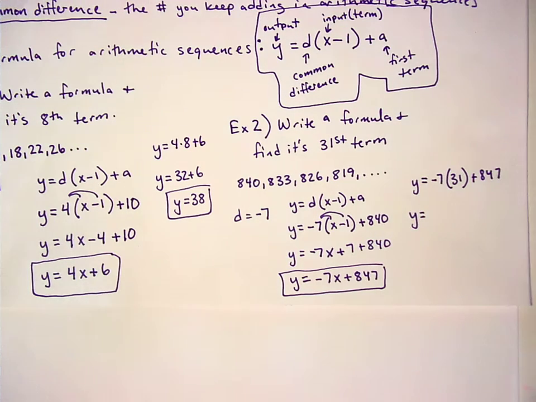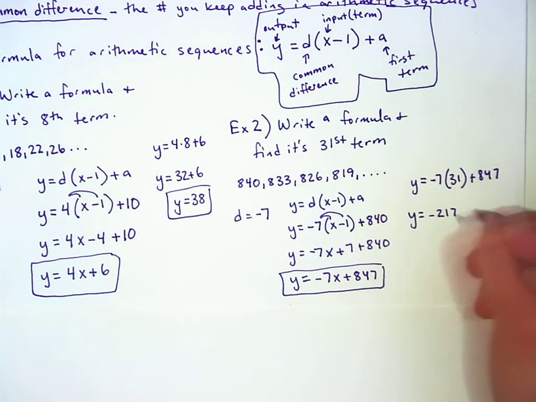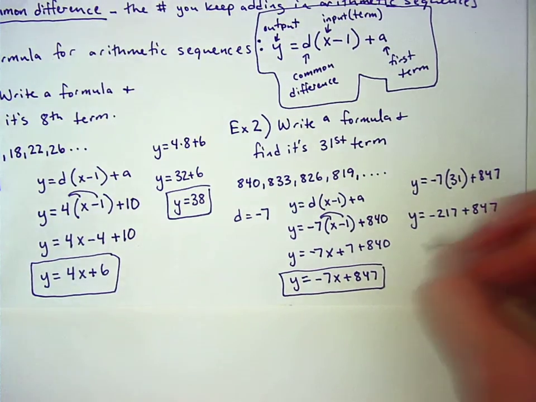Oh, wait, no. Yeah, it is 847, right? Because we took the 7 plus the 840. So if you take in your calculator negative 7 times 31, you get negative 217 plus 847.